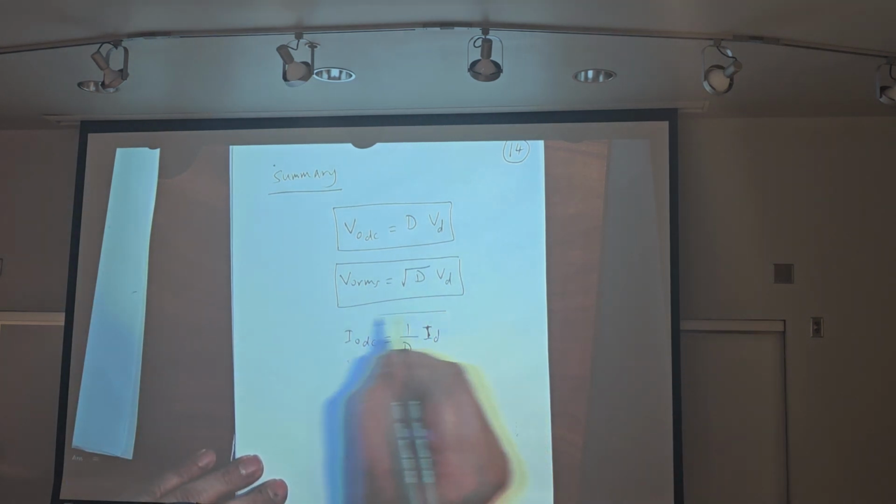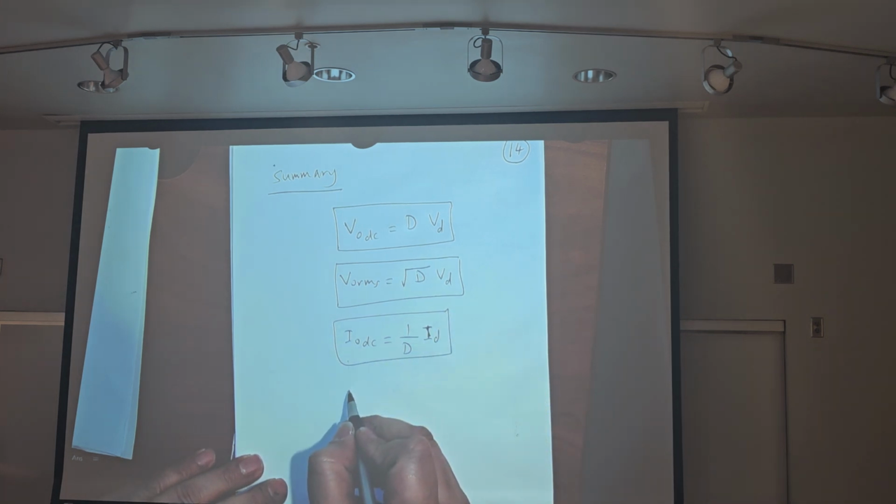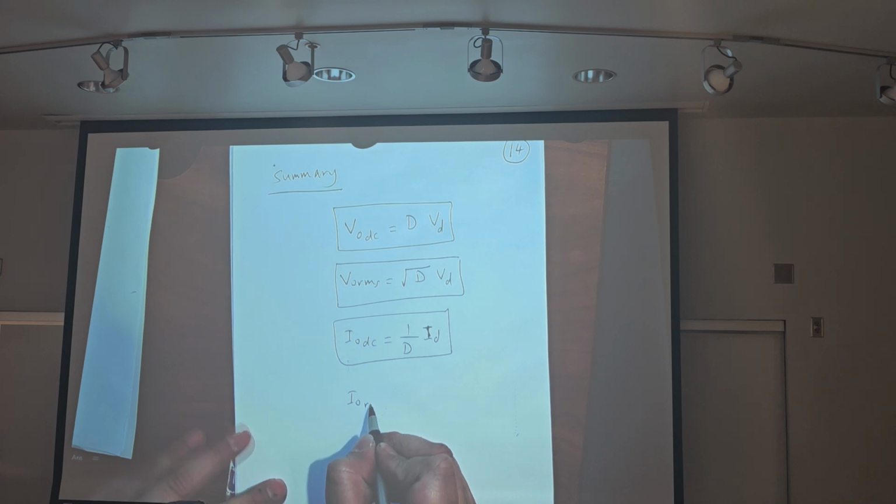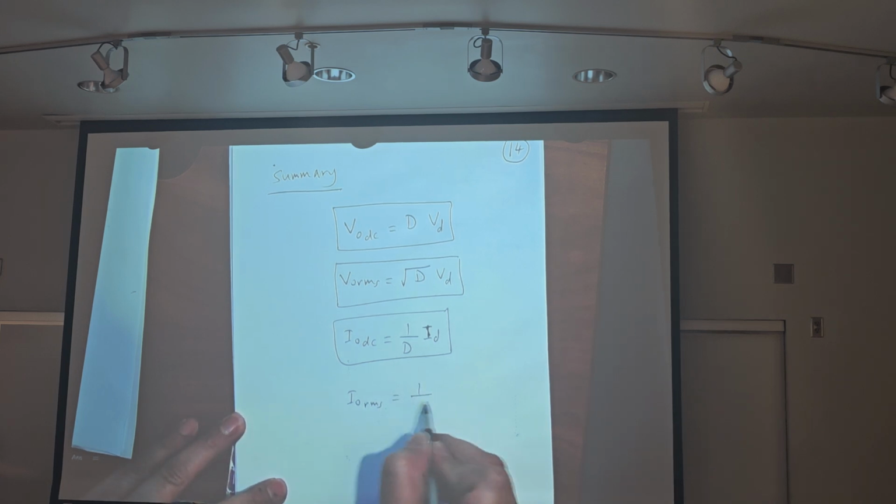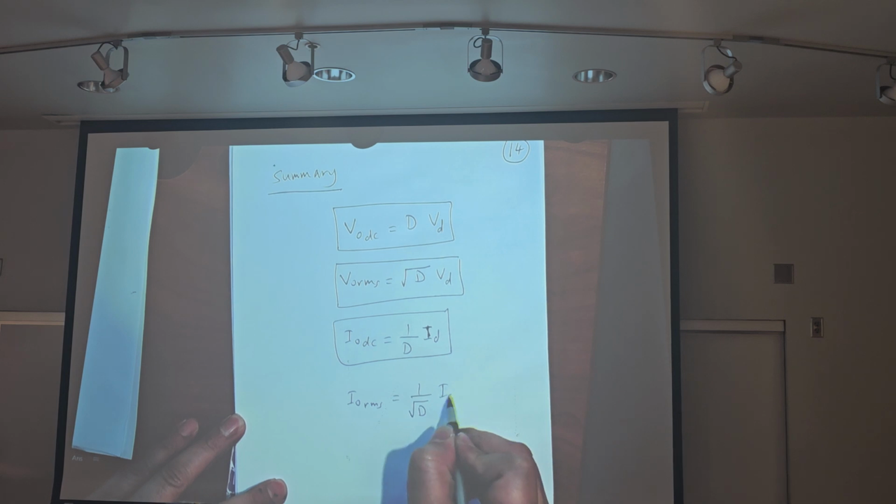And I out RMS equal 1 over square root D times ID.